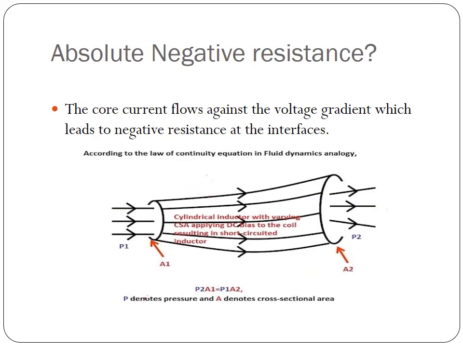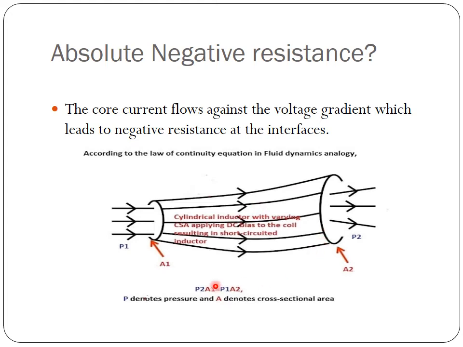There will be no drop across the inductor, therefore there will be no potential drop in this area. But the interfaces have different potential. Here it is low potential, here it is high potential. Therefore, it is flowing from low potential to high potential. It is flowing against the potential gradient.